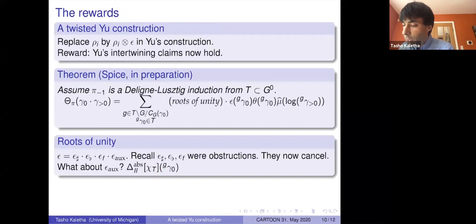And while this is reasonable if we are computing characters, because there is a natural T, if you look purely from the point of view of functoriality, this is not the most natural thing to do, because from that point of view, the torus T is external. There is something more natural to do if you allow yourself to use a torus that is not maximal, because then there is a canonical choice, namely the center of G0. It's there and it's only dependent on G0.